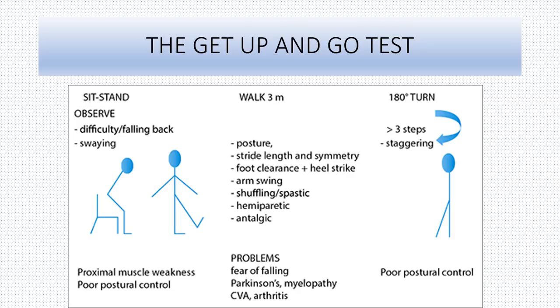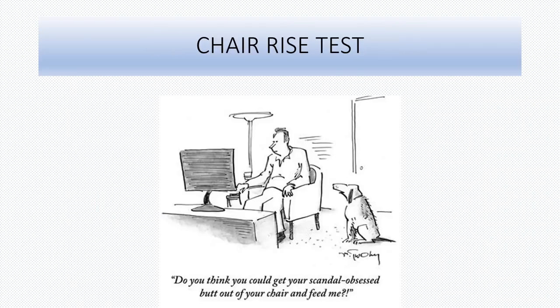Do they have a shuffling or spastic gait, a hemiparetic gait? And again, you want to watch them turn and see whether it requires greater than 3 steps in order for them to turn about. And this will give you a fairly good assessment that the patient is at risk for falls, and again, notify the primary care physician of that.